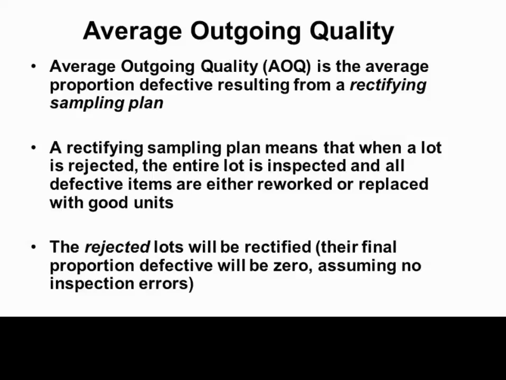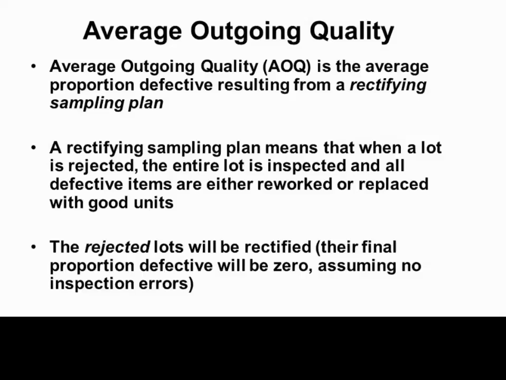What the AOQ, or average outgoing quality, is: you can think of the quality level before you sample, and then the quality level after you're done with your sampling. The reason that would be different is it assumes that you're going to rectify the lots that were rejected. In other words, you're going to go through 100% sampling and either rework and fix everything or replace defective units with good units.